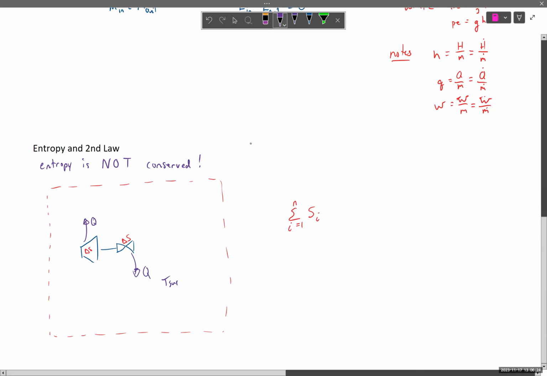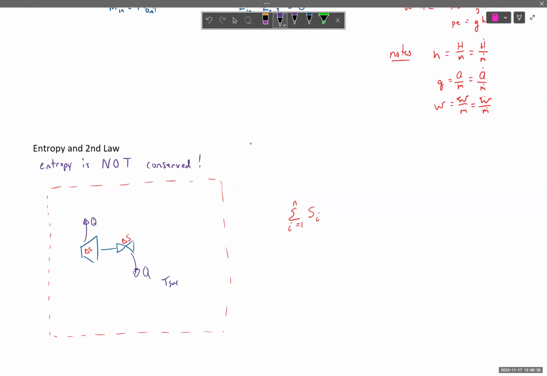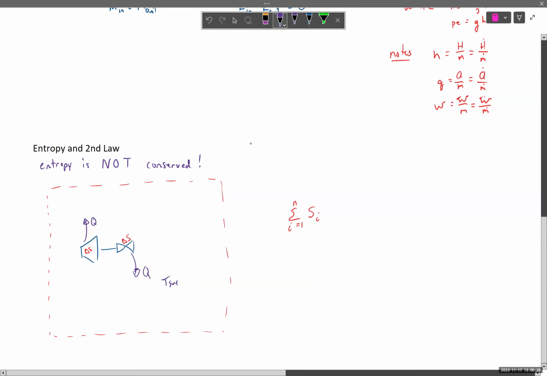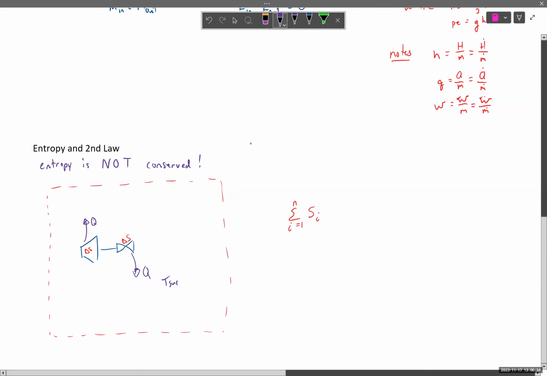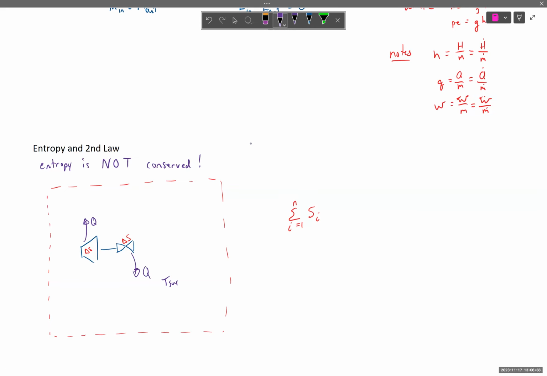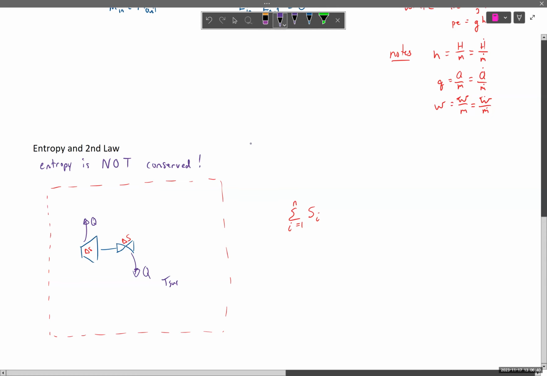Something that's confusing is this device might be in one surrounding or it might be in multiple surroundings. So for example, your heat pump for your home, you have that big box that sits outside that's exchanging heat with the outside air, and you have a box inside your house which is exchanging heat with inside air, right?